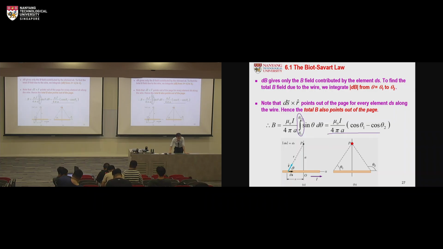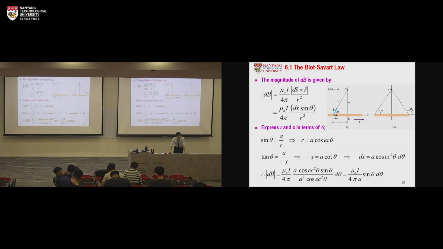And the theta 1 is this, and this is the theta 2. Again, I guess for these slides, you can also just ignore.